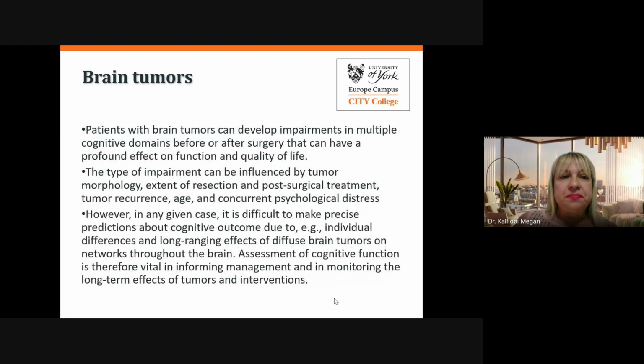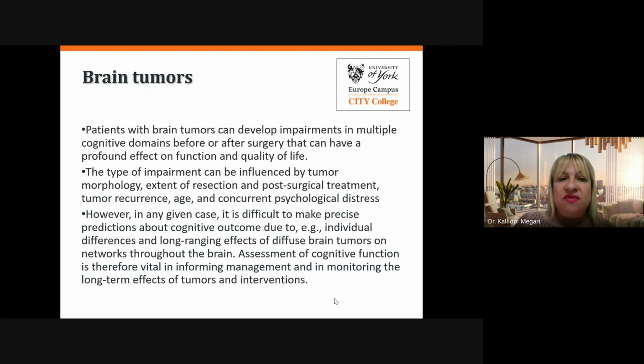Patients with brain tumors can develop impairments in multiple cognitive domains before or after surgery that can have a profound effect on function and quality of life. The type of impairment can be influenced by tumor morphology, extent of resection, post-surgical treatment, tumor recurrence, the age, and the concurrent psychological distress.